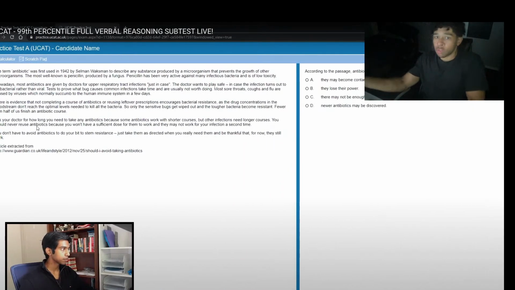Why is my spacebar on one screen affecting the one on the other screen? I say C. You should never reuse antibiotics because you won't have a sufficient dose for them to work.